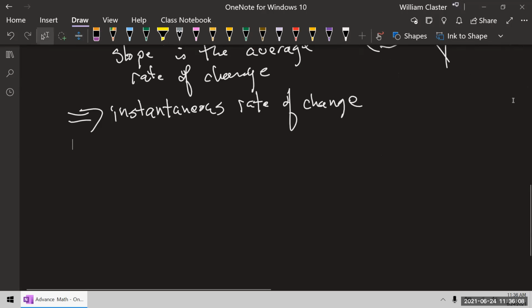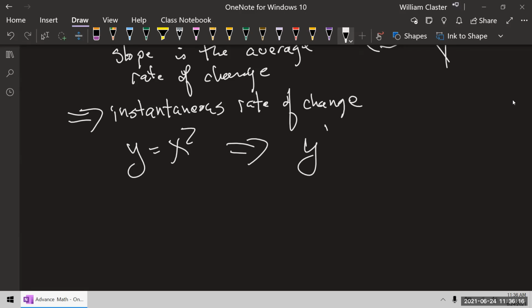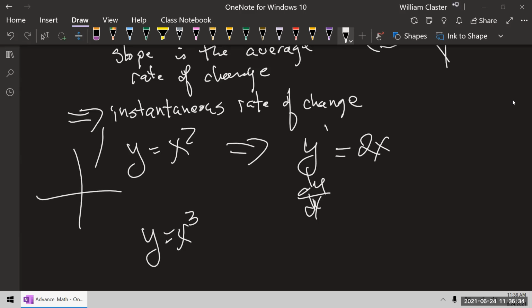Now, how did I get that formula? I mean, how did I know that when I start with this to get the derivative, it turns out that y prime, or dy dx, is equal to 2x? Well, that you have to learn, how to do these, to figure these out. So for example, this one, if we had that function, which, if you remember, looks like this.